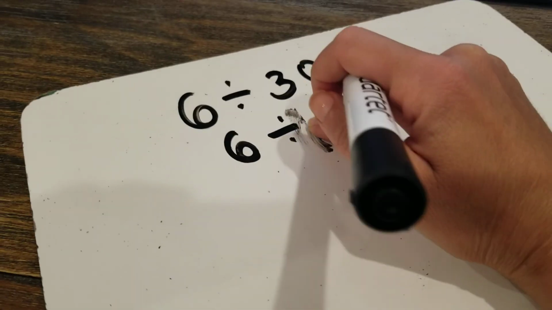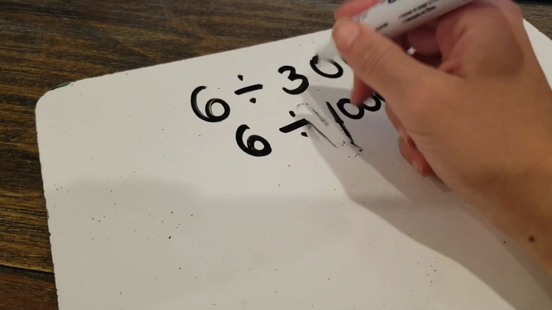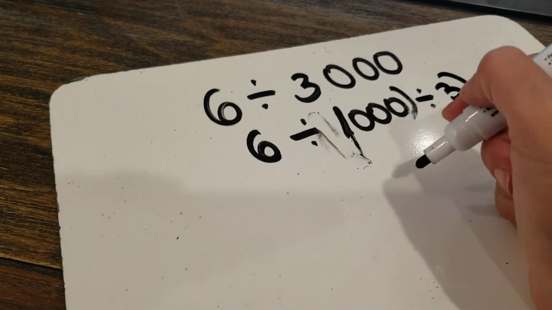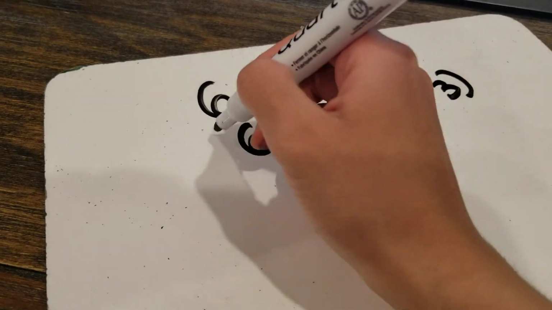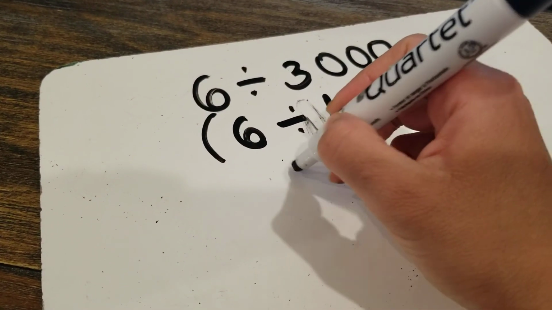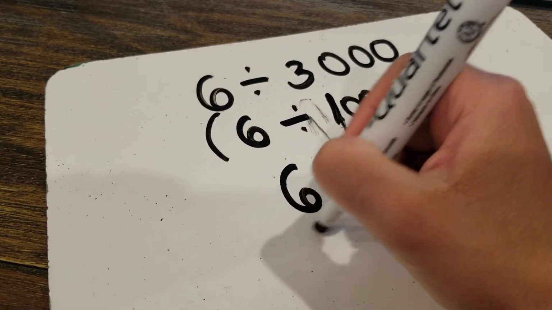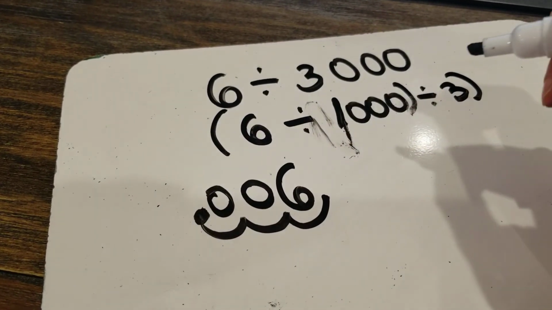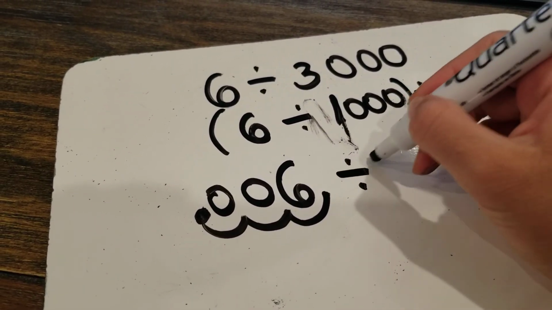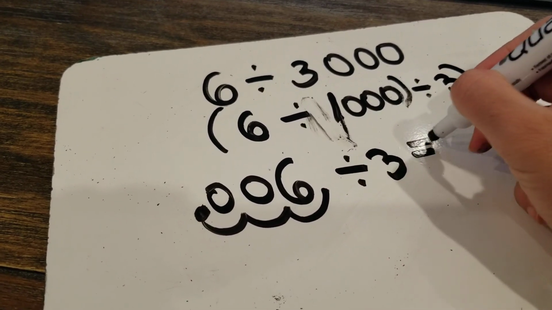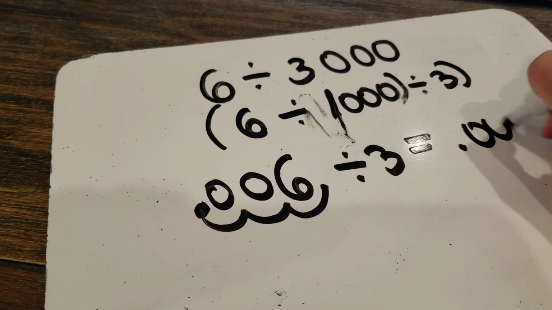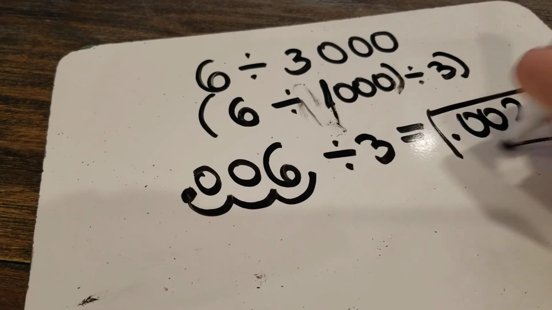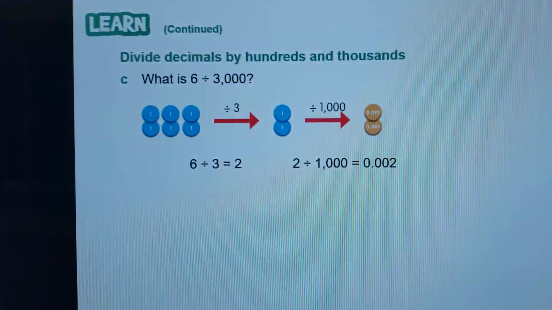This marker is really thick, hard to erase. Okay. So 6 divided by 1,000, if it's 6, then 1, 2, 3 is 0.06. Then 0.06 divided by 3 is 0.002, which is what you see on the screen.